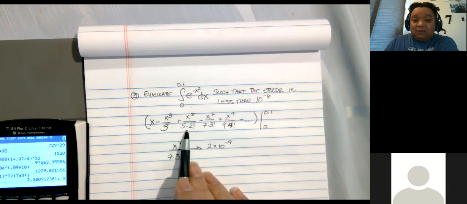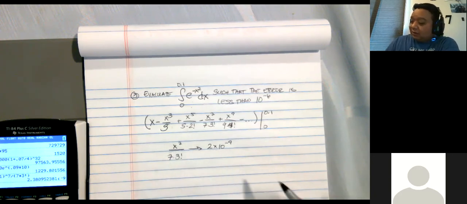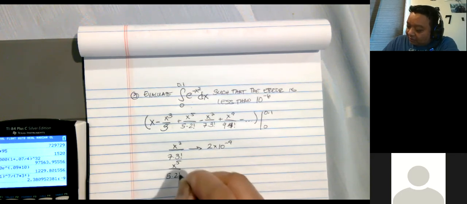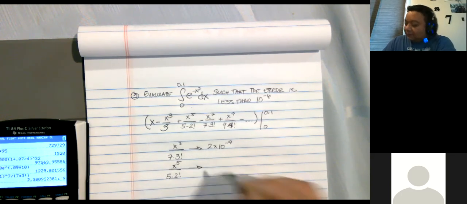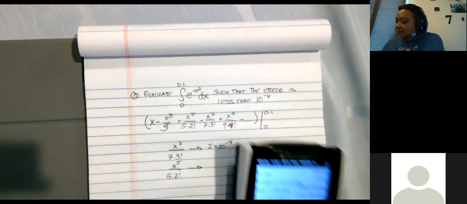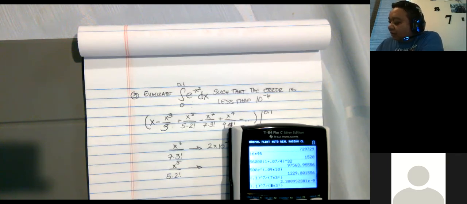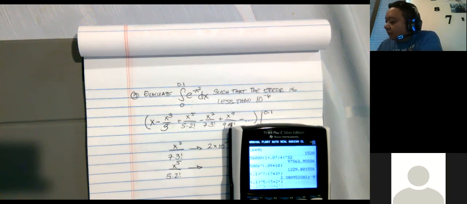Let's try the previous one, right? So I'm going to try this as the least amount of terms as possible. So we're going to go ahead and try this next one, right? So the x to the 5th over 5 times 2 factorial. So I try it again, right? So I need to change the 7 power to 5, this one to 5, and this one to 2.